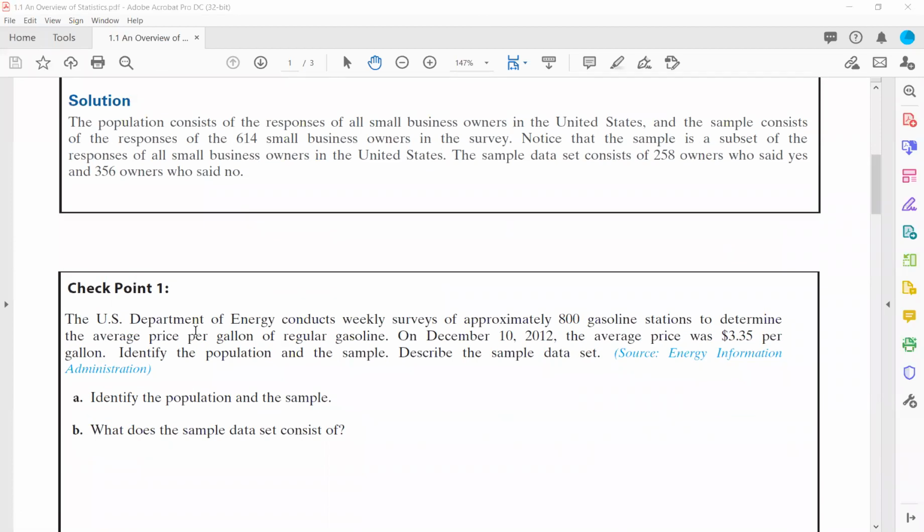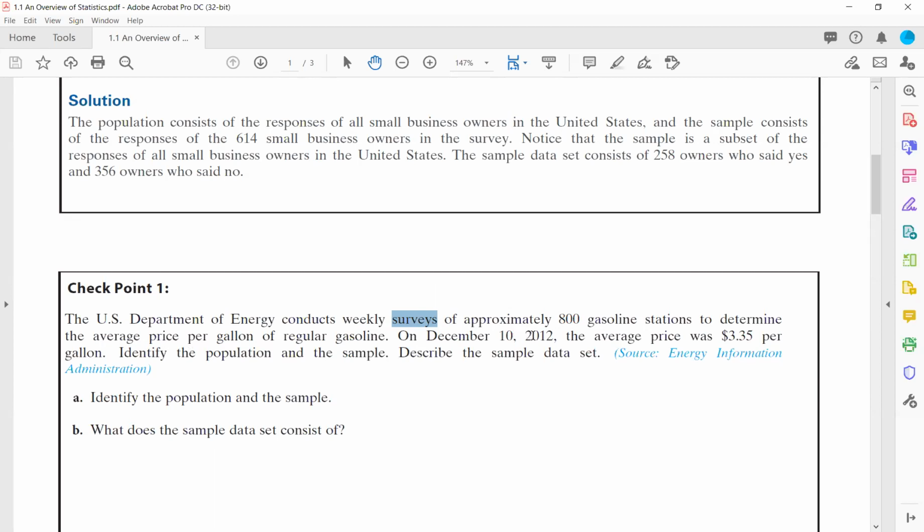The US Department of Energy conducts weekly surveys. Another keyword for you when we are talking about surveys, measurements, counts related to a survey, it means that we are dealing with samples. Weekly surveys of 800 gasoline stations determine the average price per gallon of regular gasoline.